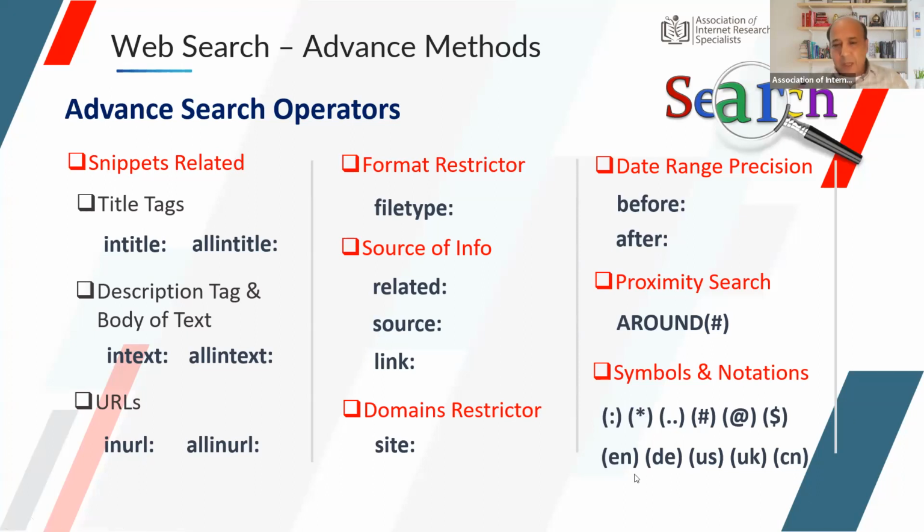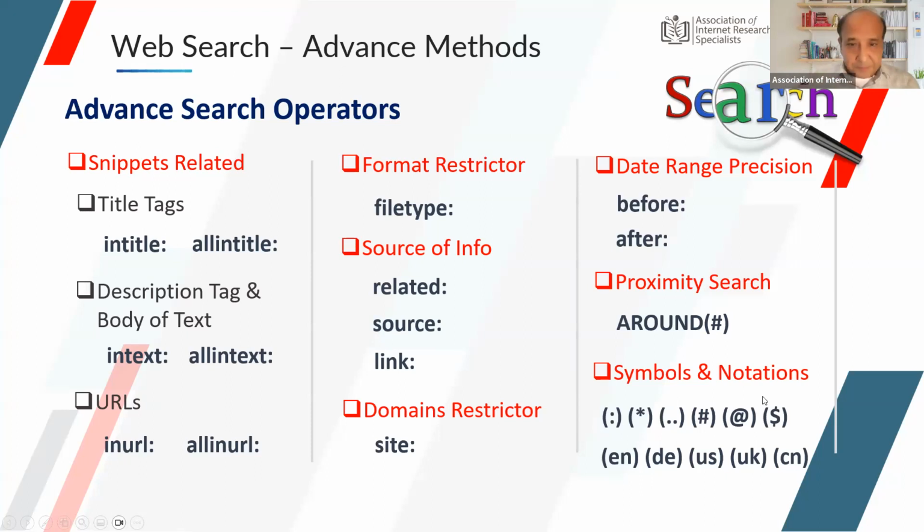And then there are these abbreviations of country codes and even language codes that are not written here. En, for instance, is for language, and de is also for language, us is for the country, uk, and so on.